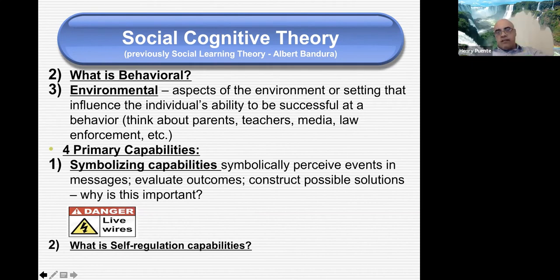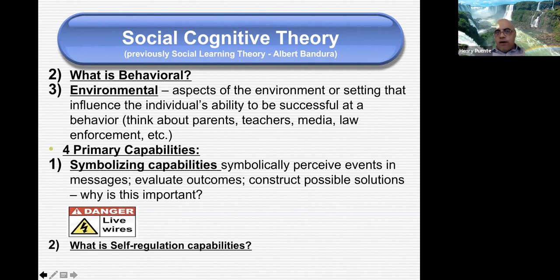Yes, he's acknowledging that our environment is immensely important. Our friends, all those sorts of things are very important. Who we identify with is very important. This is all macro stuff. Think of the four primary capabilities as more micro. It's more like who you are as a person, internally. So there are four primary capabilities.